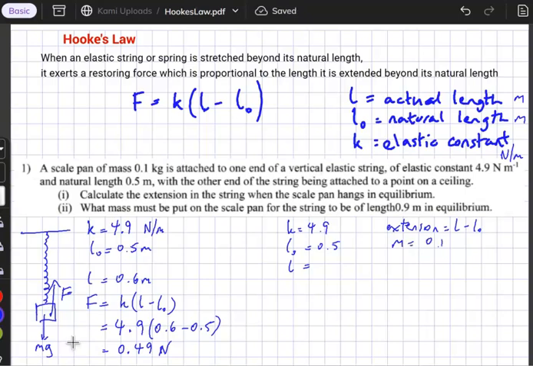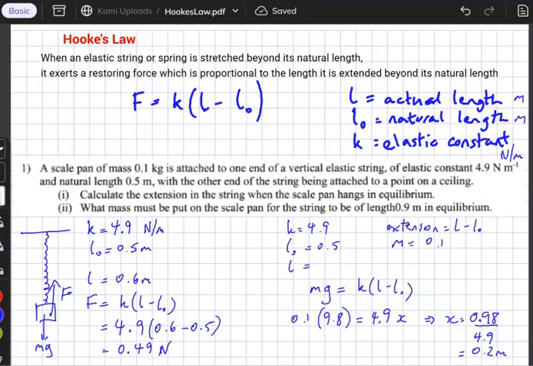If there's equilibrium, mg going down is equal to the restoring force in the other direction. So mg is equal to k multiplied by (L minus L naught). So the mass is 0.1, gravity is 9.8, the k value is 4.9, and we're wanting just that extension.